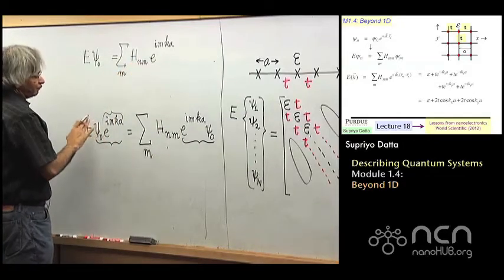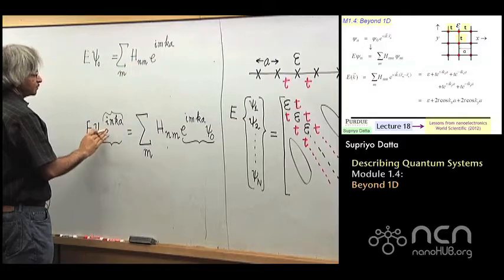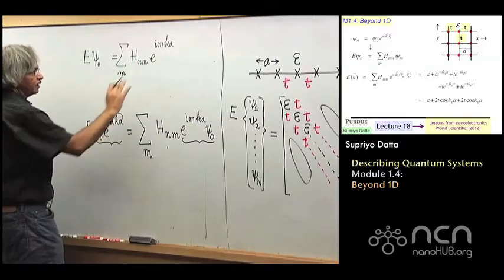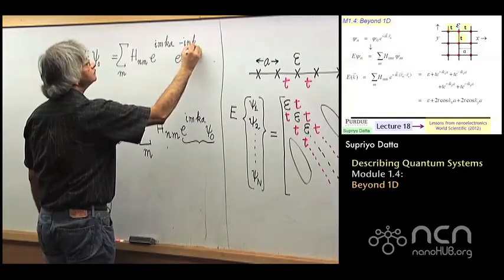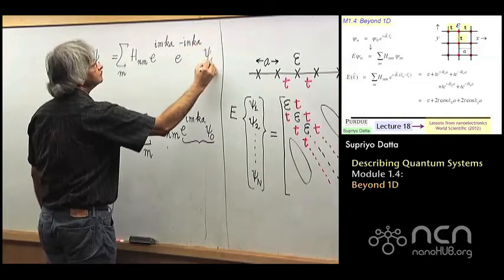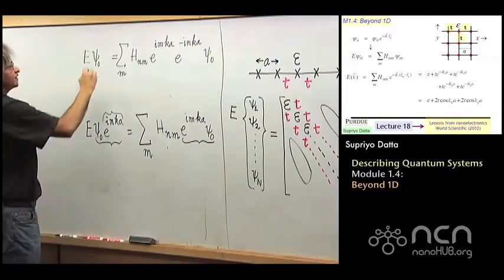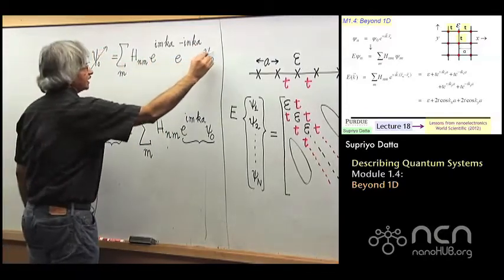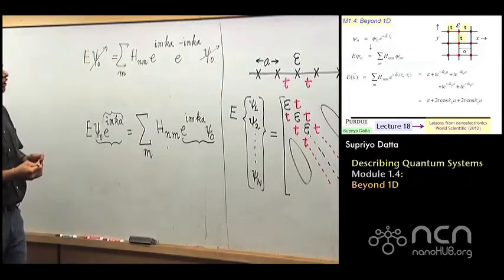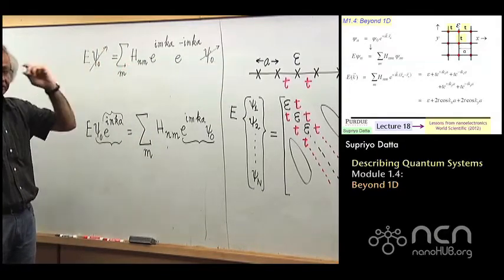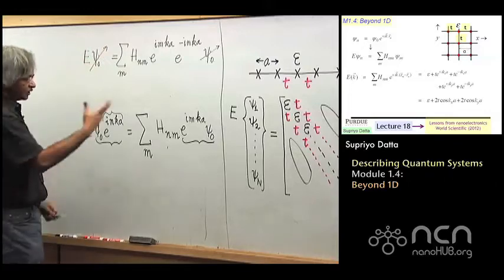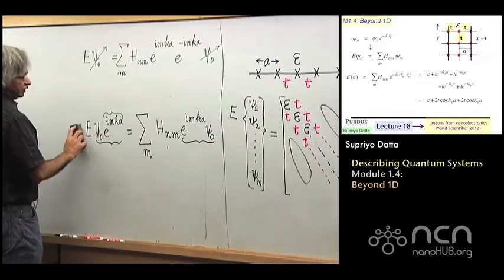That is, I could kind of multiply both sides with exponential minus I n k a so that it goes away from here and appears here. And then psi 0 being a number, I can just cancel out. And so I now have an expression for the EK relation. I mean, that's what we call the dispersion relation. Okay? And this would then be perfectly general.